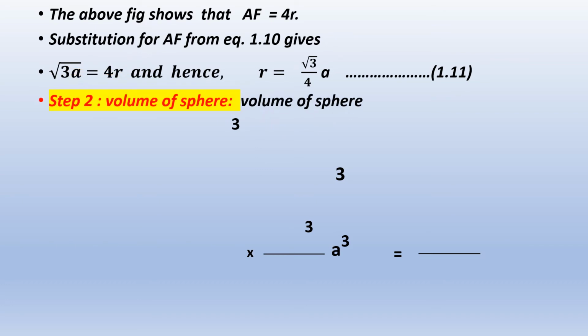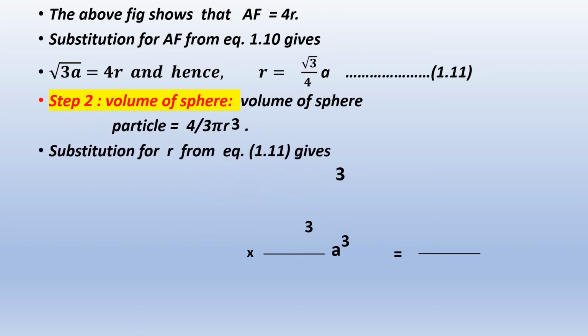Now step 2, you have to calculate the volume of the sphere. The volume of a particle is 4 by 3 pi R cube. Here also you have to substitute the value of R from the above equations. The volume of one particle is equal to 4 by 3 pi in bracket root 3 upon 4 into a, whole cube, that is R's value.